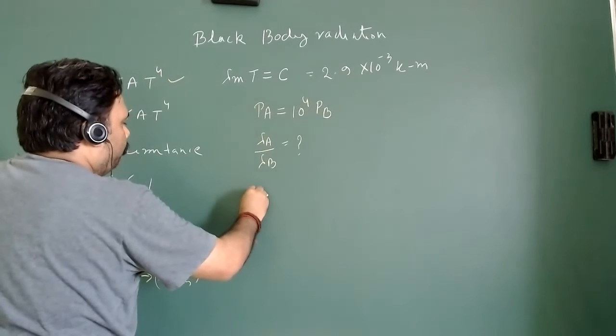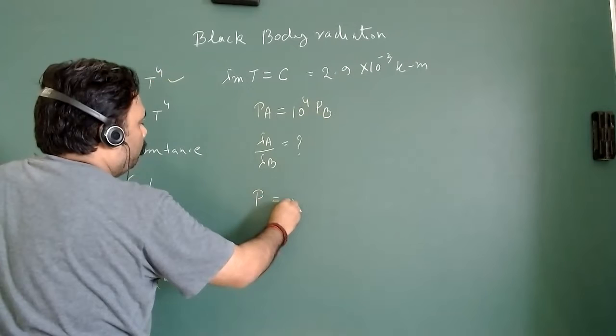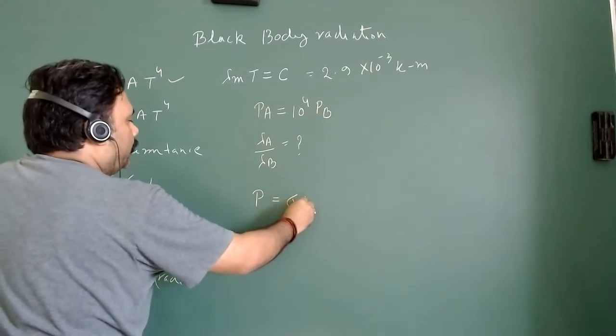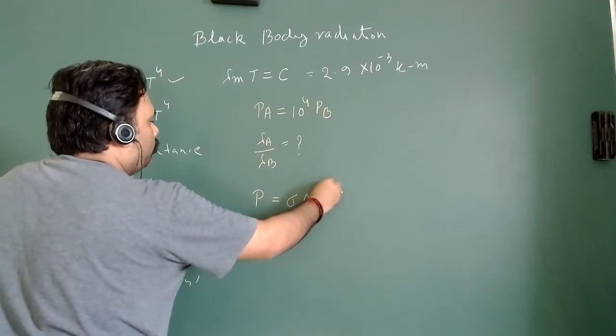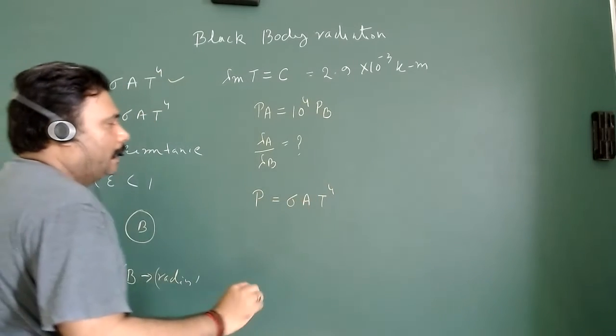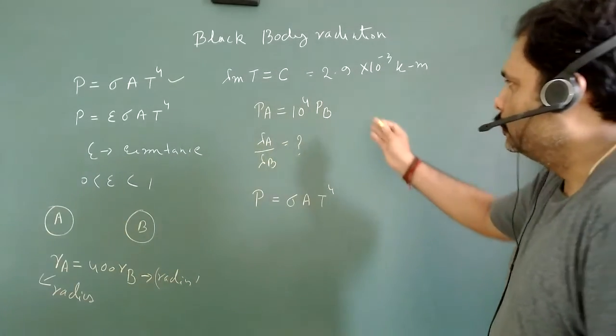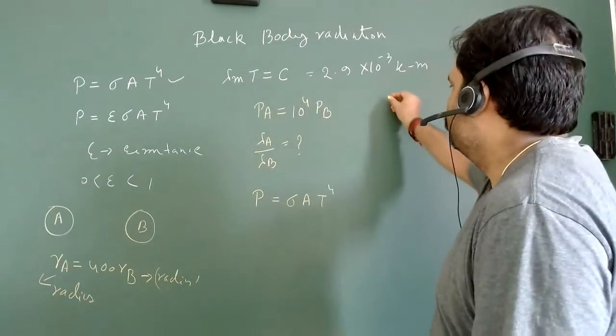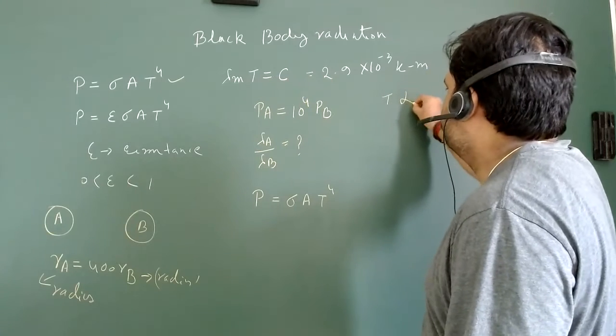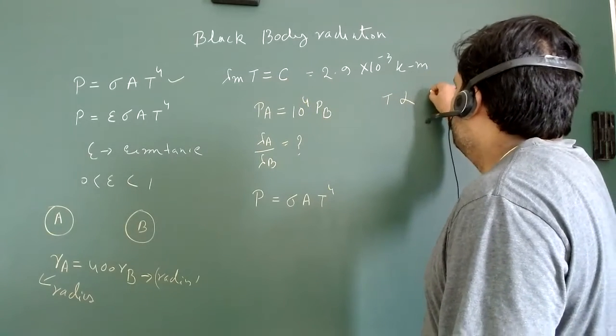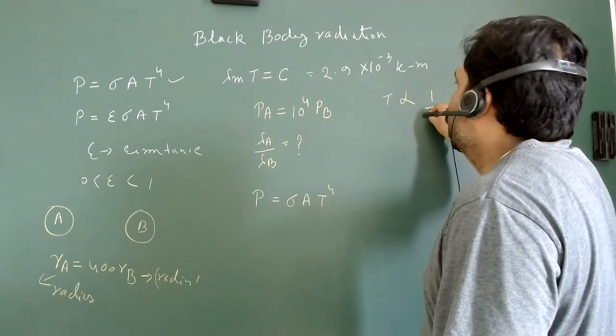So P is nothing but sigma A T to the power 4, and from Wien's displacement law, T is proportional to 1 upon lambda.